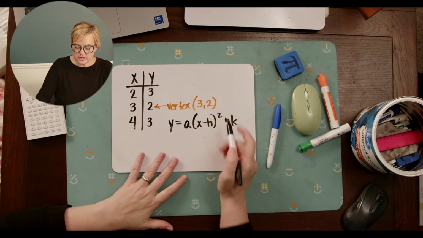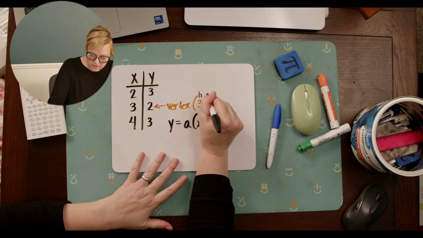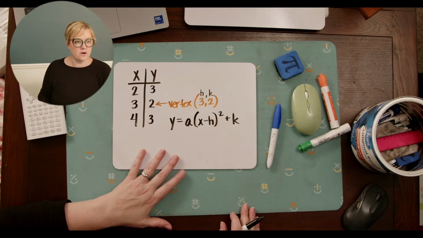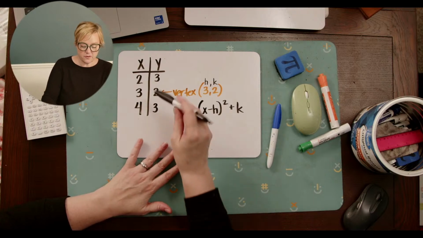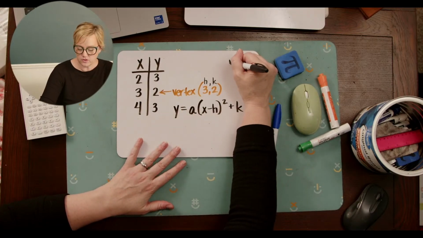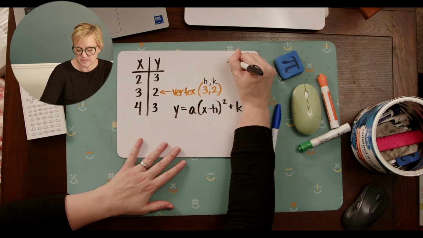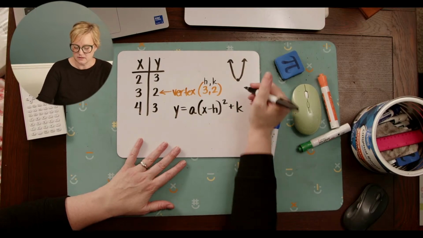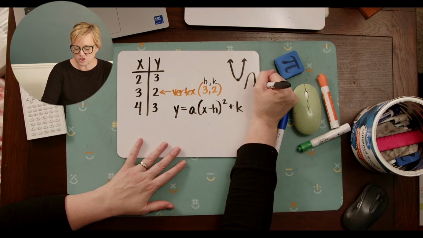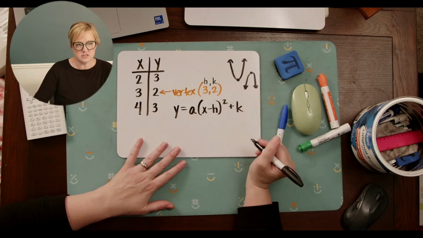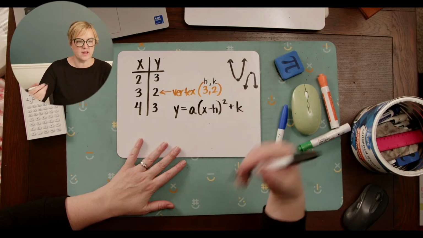Now h and k are your vertex coordinates. When you're looking at a quadratic like this, this is the vertex, or if it's like this, it's like the turn. That's the vertex. It's the lowest or the highest point.